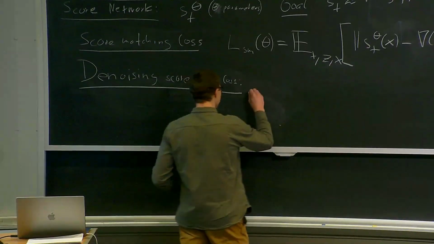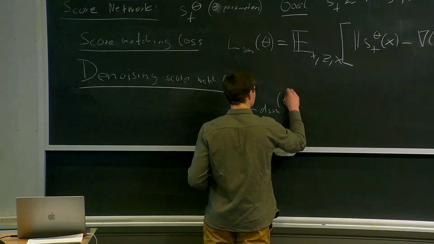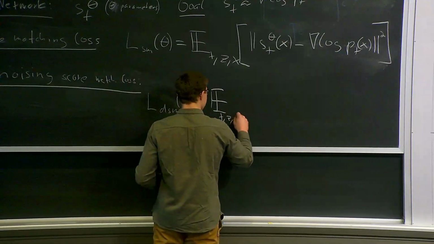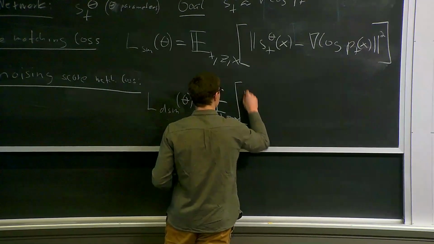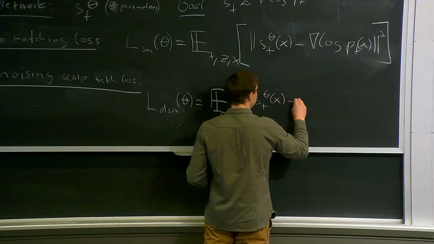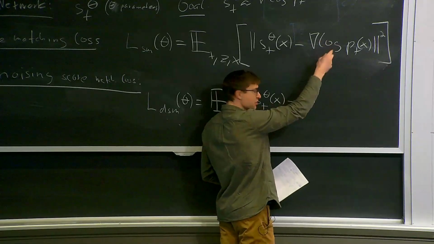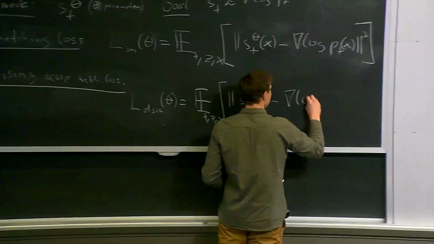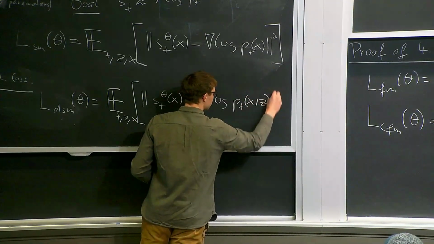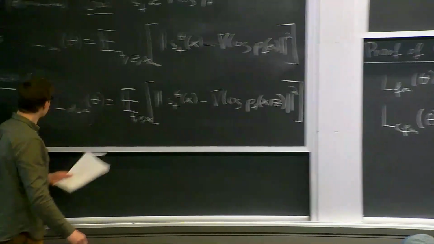And I'm going to write down now the exact same thing, but replacing this with the corresponding conditional object, which is the conditional score. Why is that tractable? Because we know the conditional score analytically.